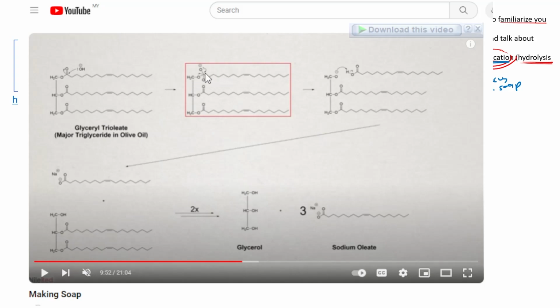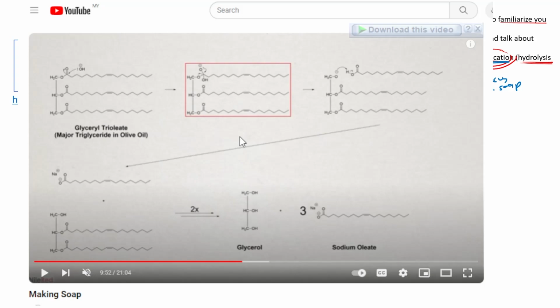What I'm interested in is how the lone pair attacks this thing, and this will be broken and so on. Try to make sense of the reaction, because you can understand this based on the knowledge you have from before: the addition, the elimination, the substitution we have learned.